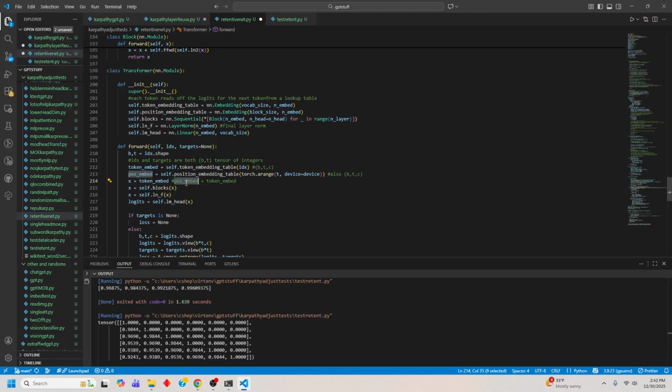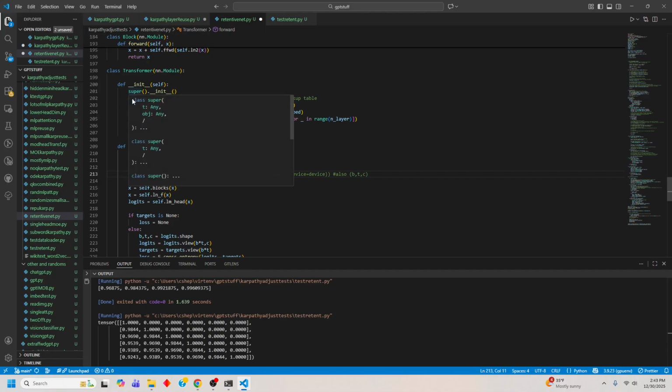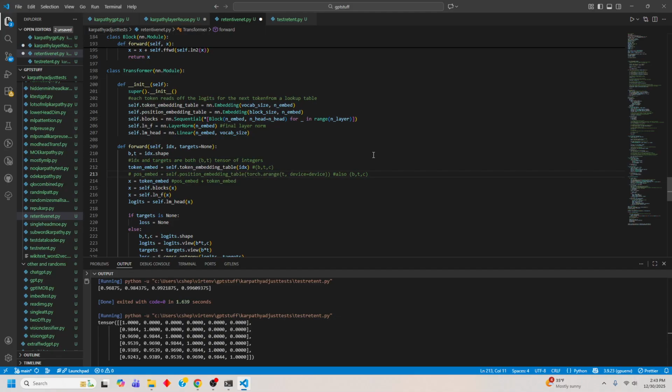This was not in the paper as far as I saw, but this is something I added because I noticed position was encoded into this. As far as I know, that's not something they did, but it was something extra I tried out, and it seemed to work just as well. But yeah, that's the retention network.